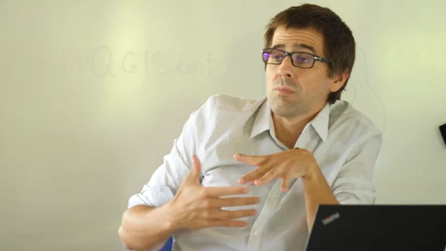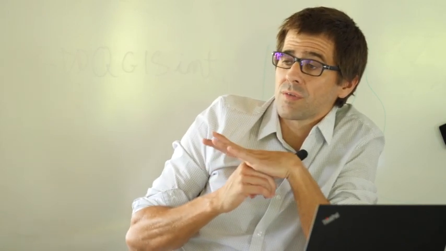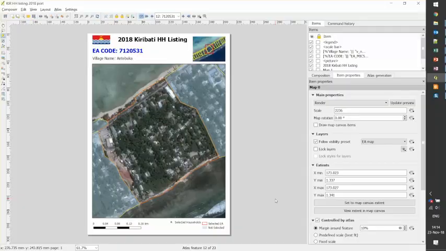The projection, most of the 95% of the enumerators don't know what a coordinate reference system is, and they don't need it. There's no, it's a field map. Then if I'm publishing a map, if I put it into a website, in a report, of course, all this information should be included in our map layout.